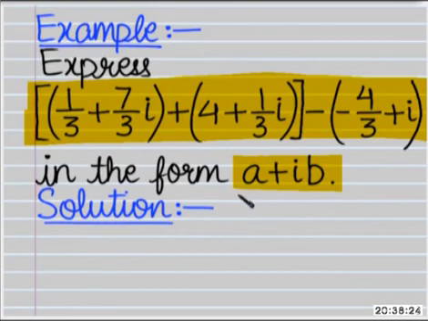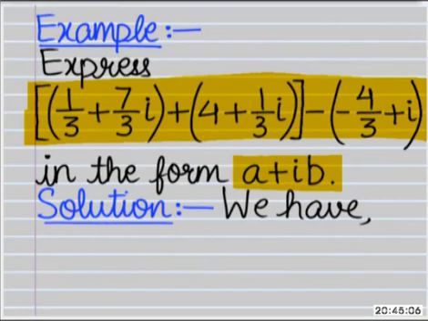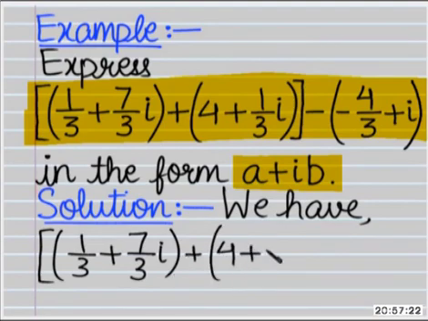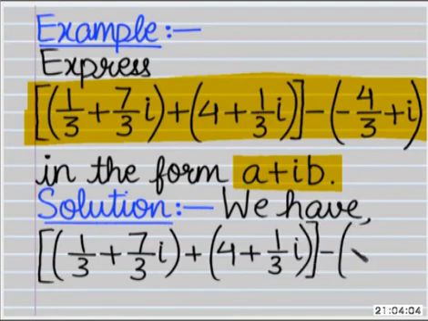Here in the above example we have 1 upon 3 plus 7 upon 3 into iota plus 4 plus 1 upon 3 into iota minus 4 upon 3 plus iota.